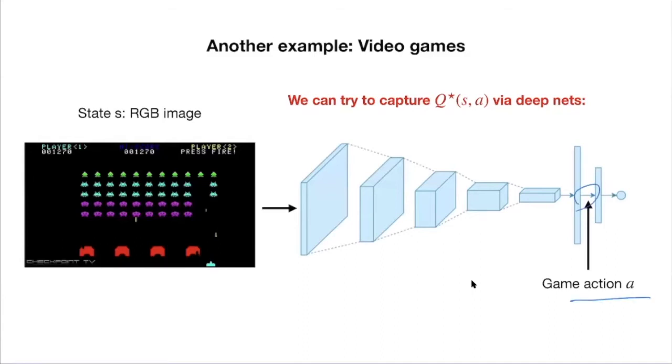Maybe let's factorize the action as well. If I have 4 actions, let me parameterize the action using binary coding, right? I can parameterize the action using 0 0, 0 1, 1 0, 1 1, right? So then I just feed this information into the neural network, and hopefully the output approximates Q star, right?